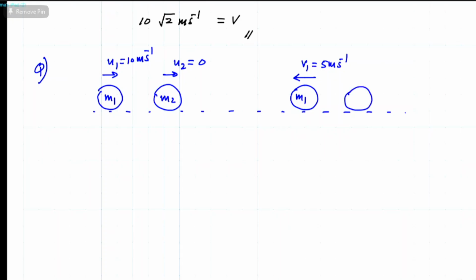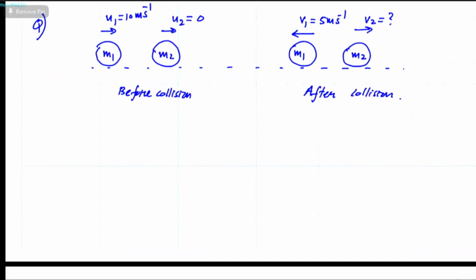M2 after collision goes to the right hand side, which has V2 velocity, right? So this is before collision. This is after collision. First question is find V2 velocity.